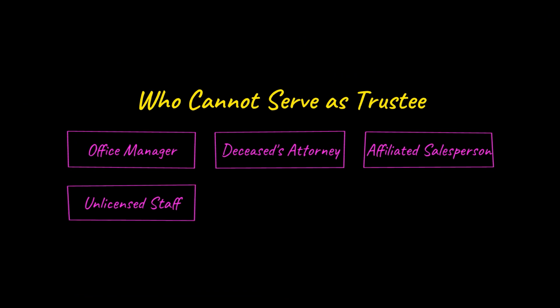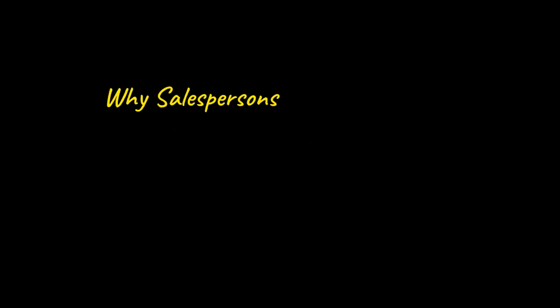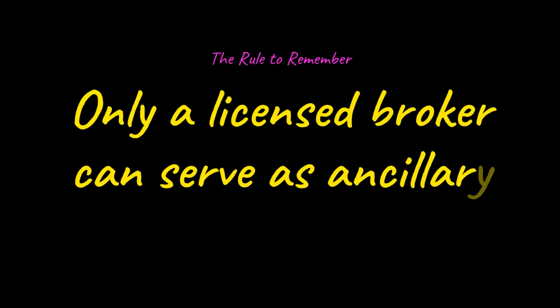Because performing or overseeing brokerage activity requires a broker's license, which none of them hold, affiliated salespersons lose their active status the instant the broker dies, because their license depends on a sponsoring broker. Without that sponsor, they have no authority to operate the firm or handle its obligations independently. When a sole broker dies, only a licensed broker appointed as ancillary trustee can bridge the gap, protecting clients, funds, and records until the firm's affairs are responsibly closed or transferred.